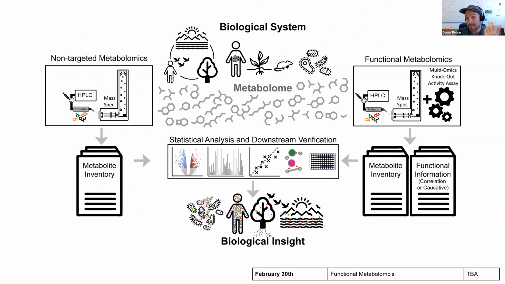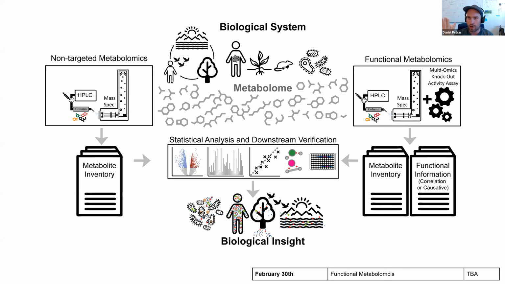And then, last but not least, we also want to talk a little bit more about metabolomics beyond only metabolite inventories. Typically, what most of these experiments do is describe the chemotype of a given sample. In a standard metabolomics experiment, you will have different groups that you want to compare.